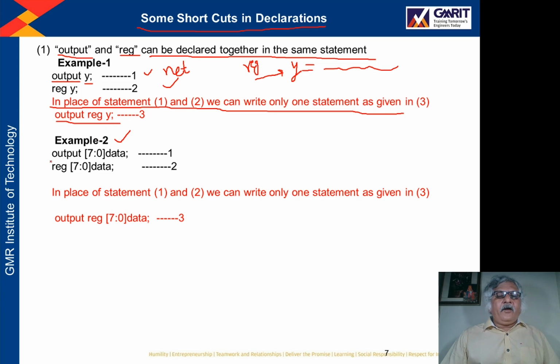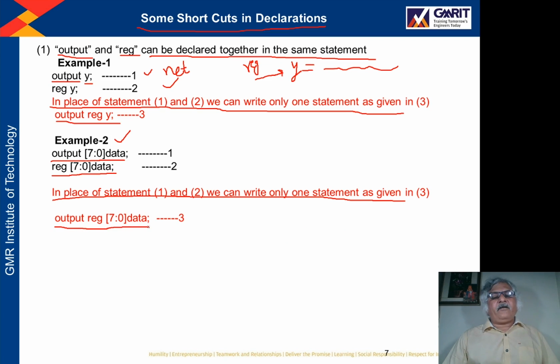Example 2: output [7:0] data, and we want to declare it reg type, so reg [7:0] data. Now in place of statement 1 and 2, we can write only one statement: output reg [7:0] data. So these are some shortcuts which you can use.